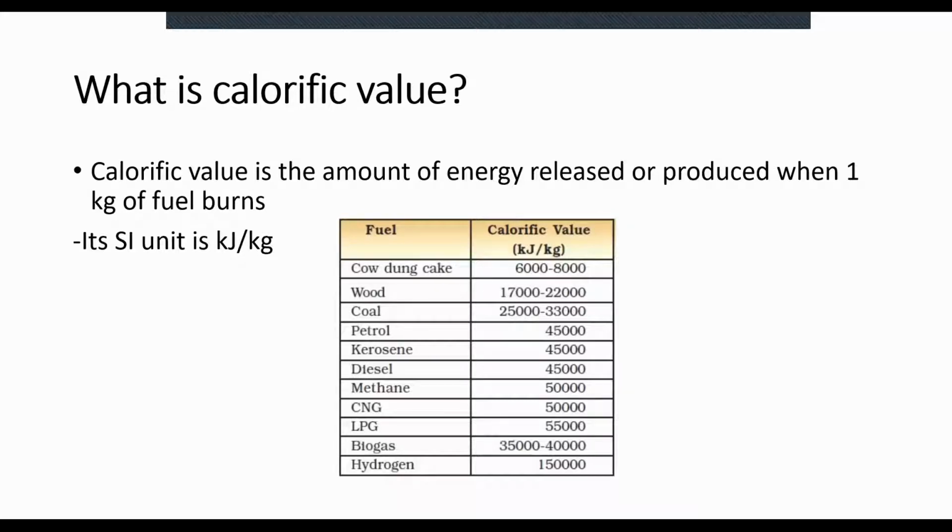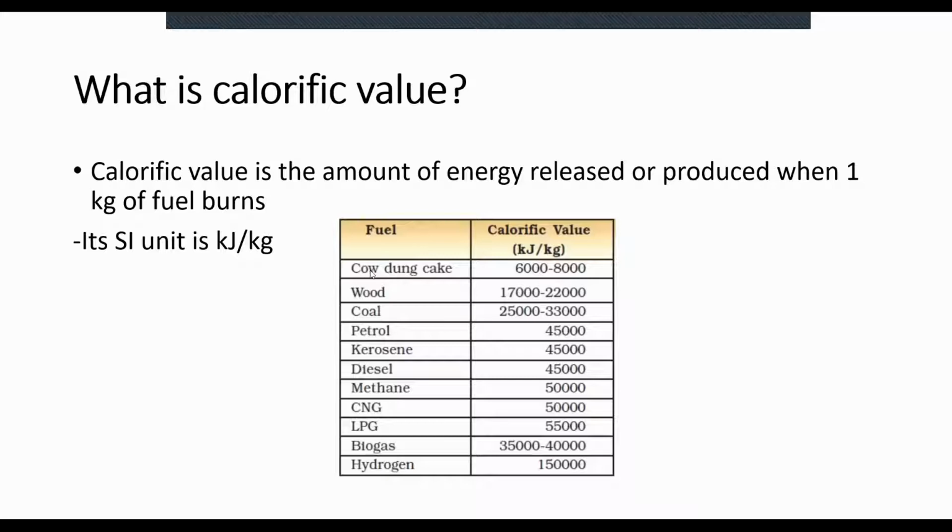That is the calorific value of the fuel. The unit will be kilojoule or joule per kilogram, or megajoule per kilogram. It doesn't matter, but we calculate per kilogram. So 1 kilogram of that fuel has this much kilojoule of energy.